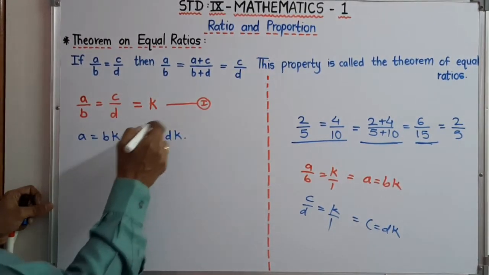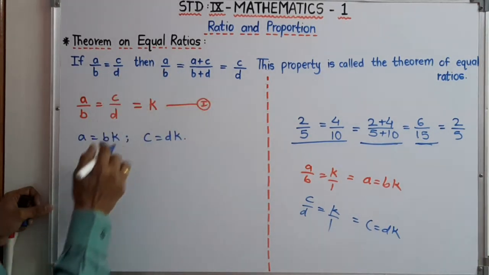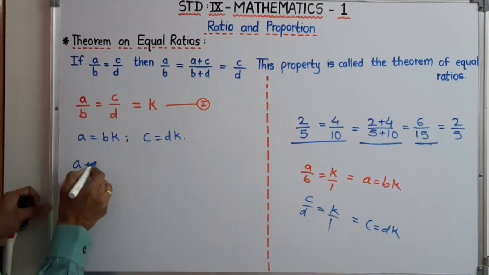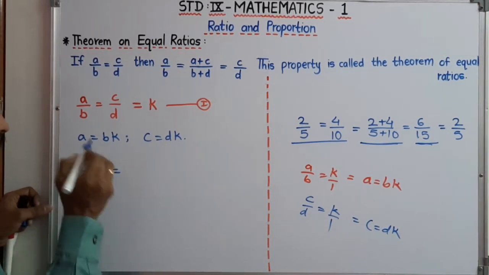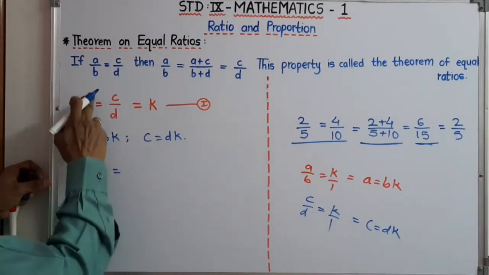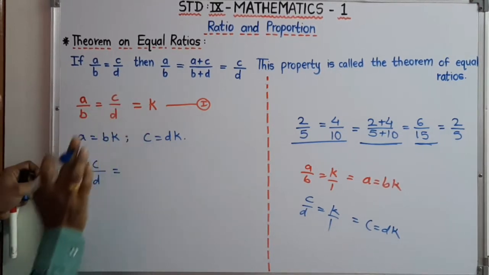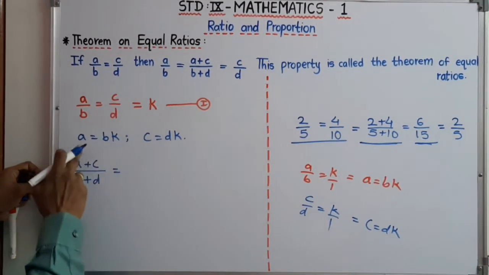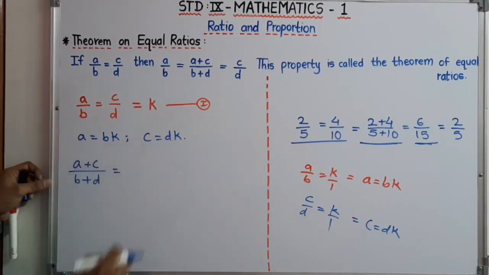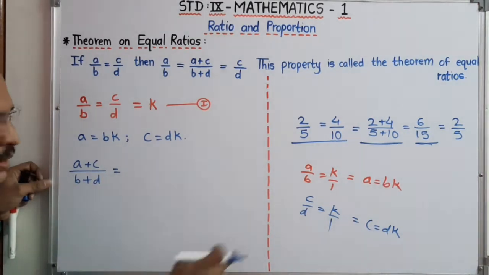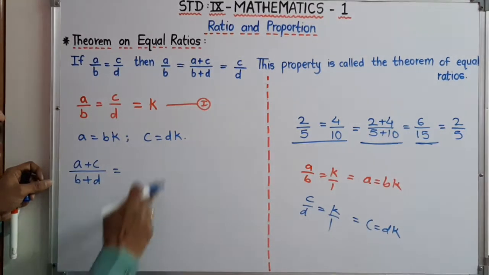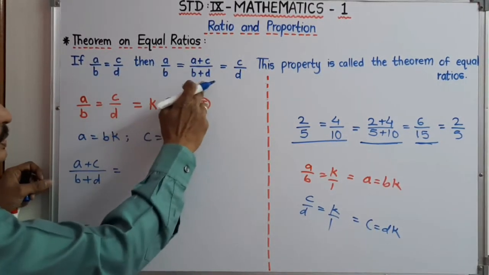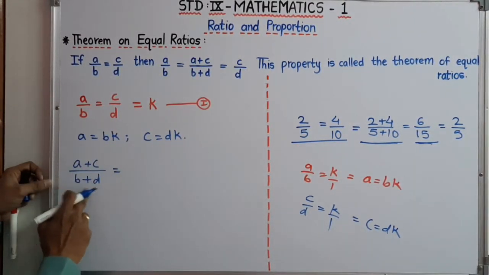Now, dear student, see this ratio, that is (A plus C) upon (B plus D), with A upon B equal to C upon D equal to K. From this we get A is equal to BK and C is equal to DK. I think everyone understood this step. Now we take the ratio (A plus C) upon (B plus D).